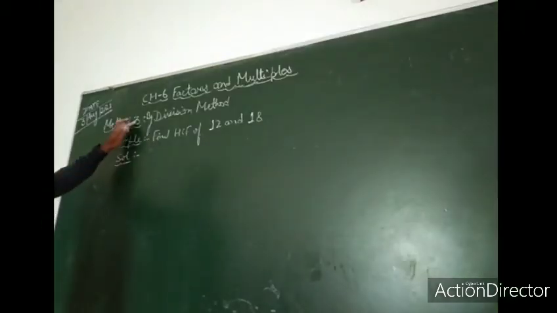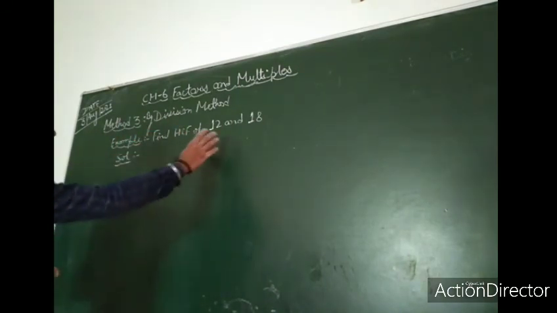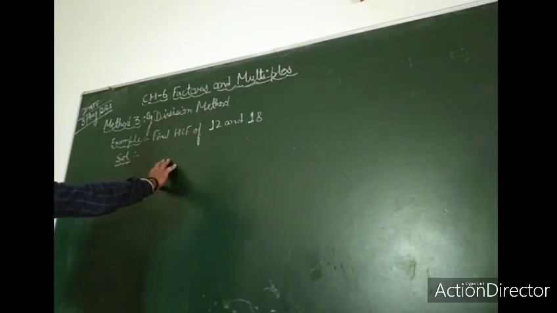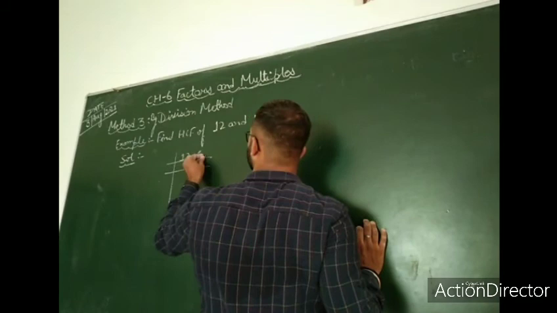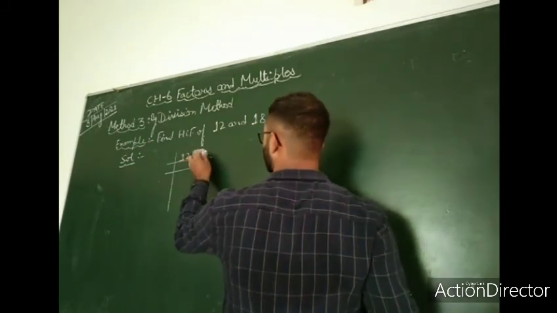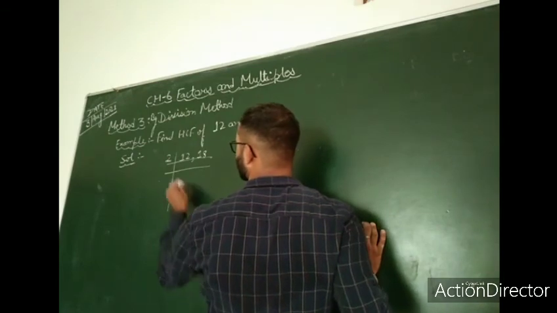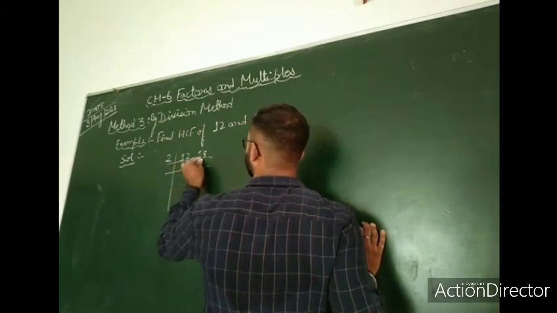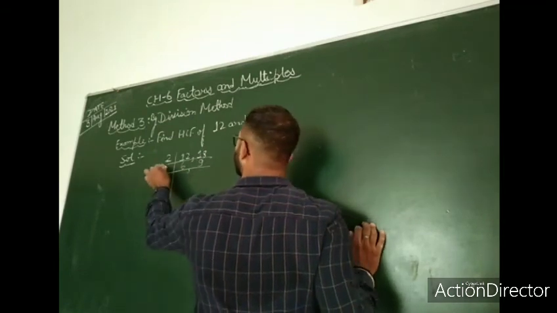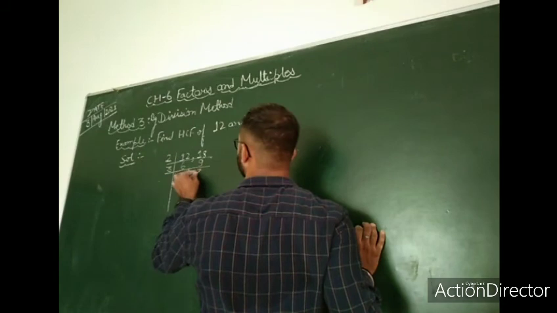Now students, here we use another method, number 3, the division method. So here we find the GCF of the given numbers by using the division method. Find the GCF of 12 and 18. So here we divide 12 and 18. First divide by 2, 2 sixes are 12 and 2 nines are 18. Now divide by 3, 3 twos are 6 and 3 threes are 9.